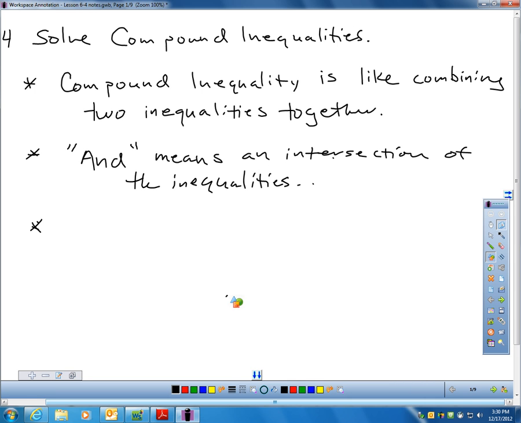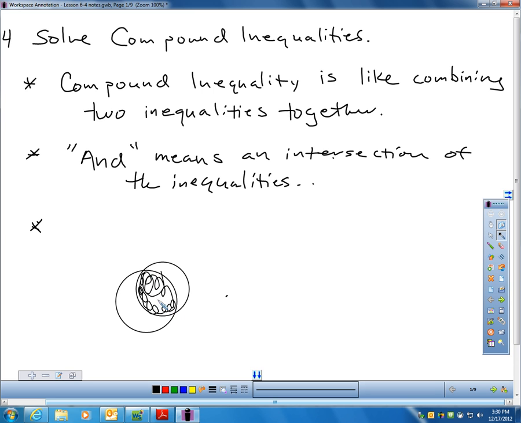But remember, with a Venn diagram, "and" means where they are in common. This is where circle A intersects circle B. It's only where they're in common. That's what "and" refers to. It's an intersection of the inequalities.